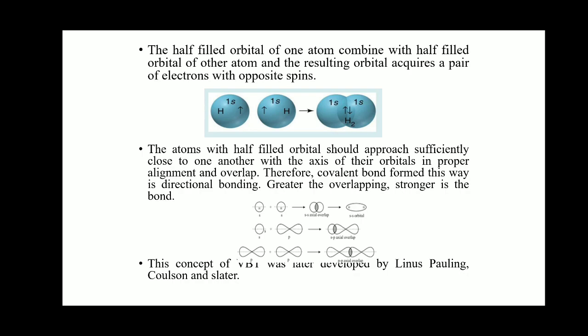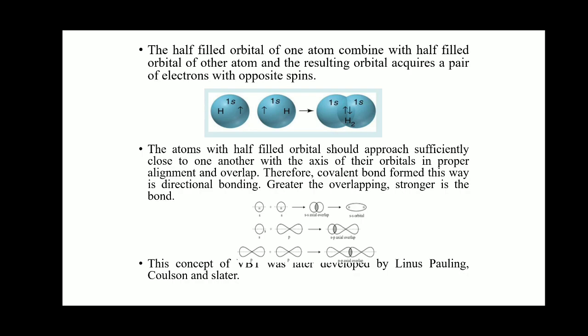Heitler and London believed that the electron wave of the valency orbital of one atom overlaps with the electron wave of the other bonding atom to form a covalent linkage, and the resulting orbital acquires a pair of electrons with opposite spin.